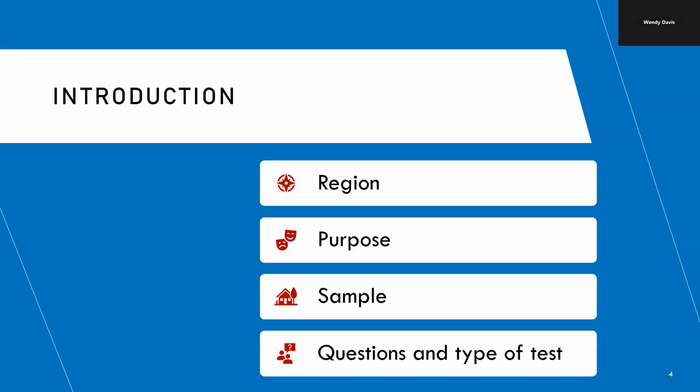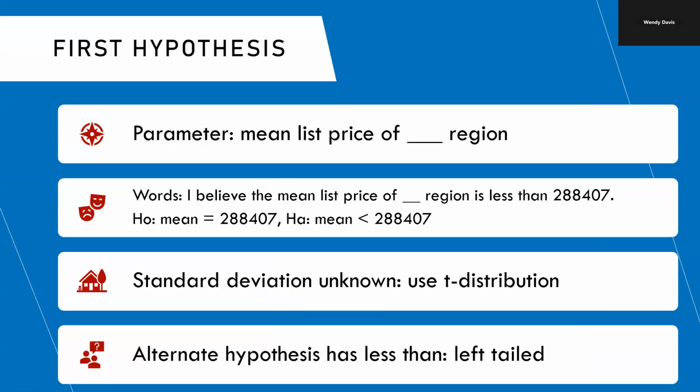Okay, our two hypothesis questions. Our first hypothesis, our parameter is the mean list price of whatever region.